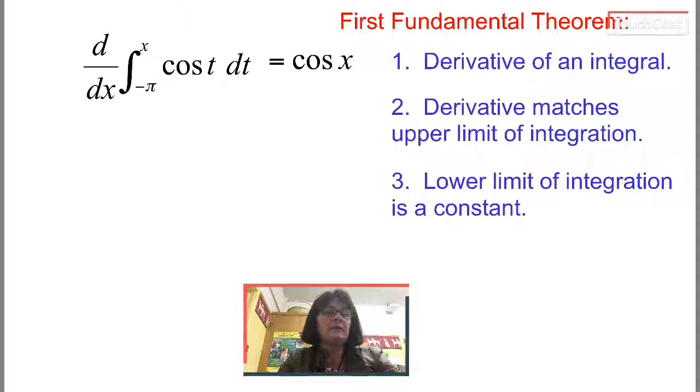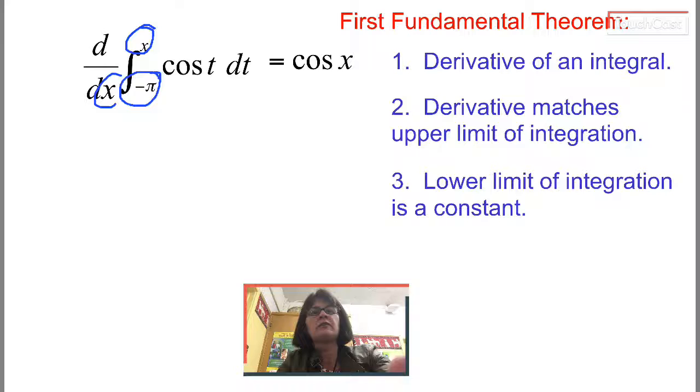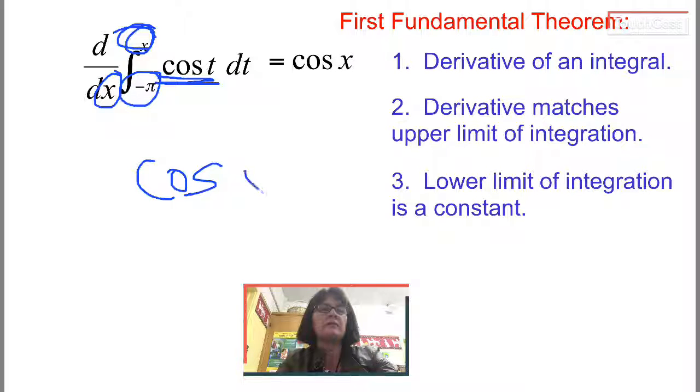My lower limit is a constant. Negative pi is just some number. My variable that I'm taking the derivative with respect to and my upper limit are an exact match. If that is the case, then I can simplify this integral by saying my derivative is going to cancel out my integral, leaving me my same integrand, but with the input variable changed. So my input variable is going to become x: cosine of x. Which is the same answer I got when I did it the long way.